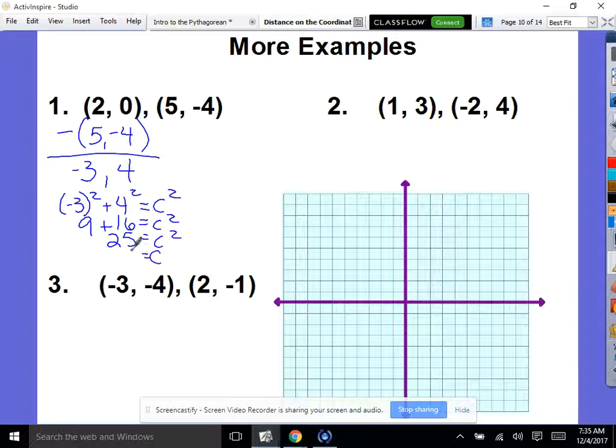So C equals 5. Let's draw that. (2, 0) would be here. (5, -4) would be there. So you can see if we draw our triangle, we have 1, 2, 3 for our 3 squared, and 1, 2, 3, 4 for our 4 squared.